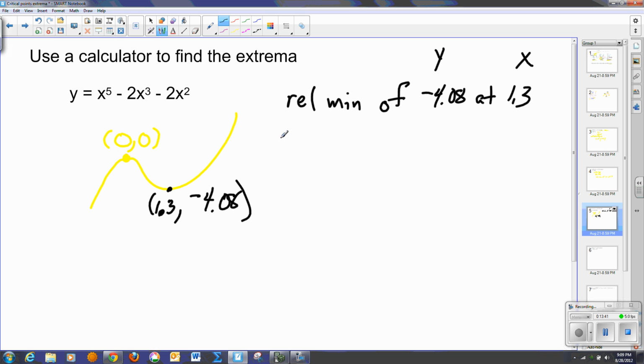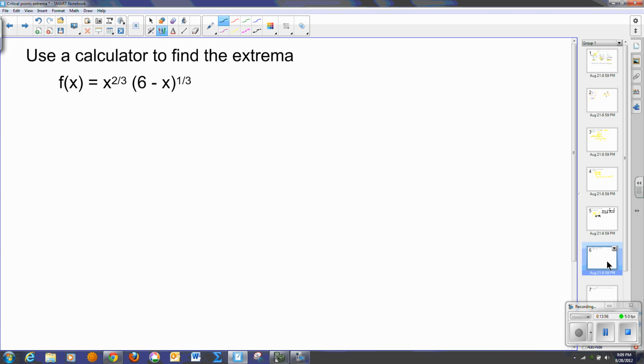I have a relative max of, I need the y value, 0, at the x value, 0. Done. Moving on to the next example.